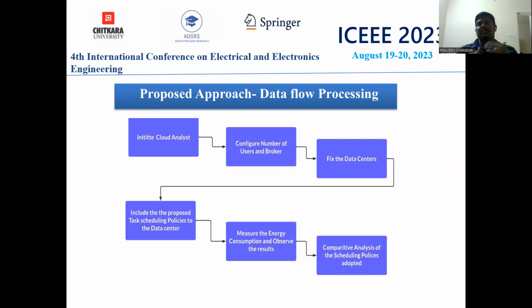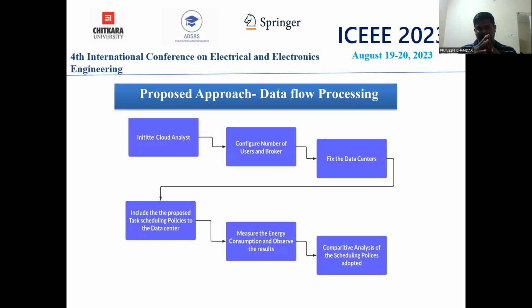Then we run the CloudSim simulator, and automatically the algorithm will run. The results are generated in Cloud Analyst as a graphical user interface, in terms of graphs and statistics.